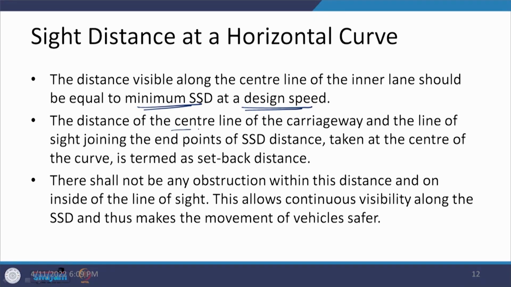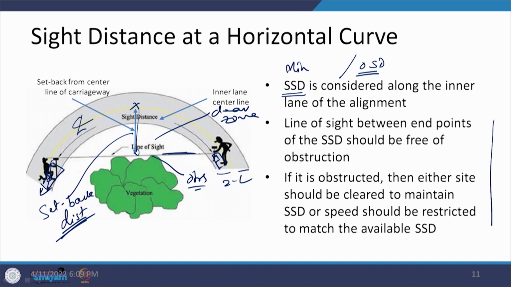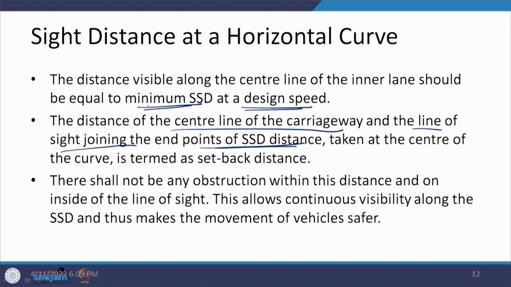Then there is the distance of the center line of the carriageway and the line of sight which is joining the end points of the sight distance. That means, when we say the minimum sight distance should be available as SSD, what we are saying is that the distance which is travelled here is equal to SSD.